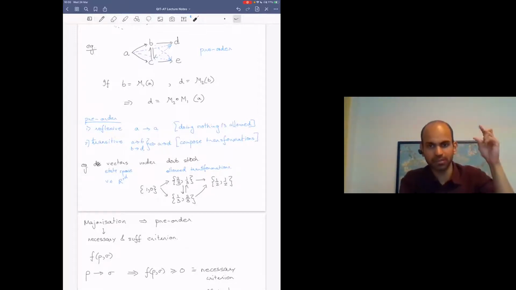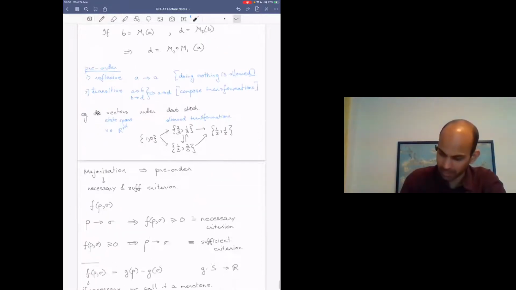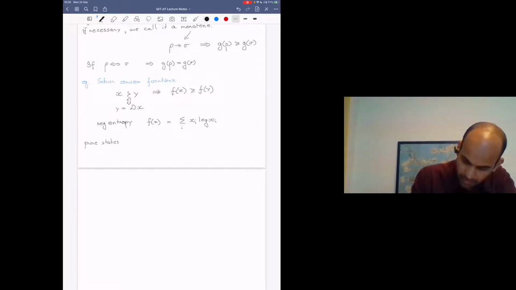The number of extremal states on either end really depends on the resource theory that you pick. So for example, in the case of majorization, we have that pure states are extremal. So if we have any state of the form 1, 0, ... and this is of course D times.